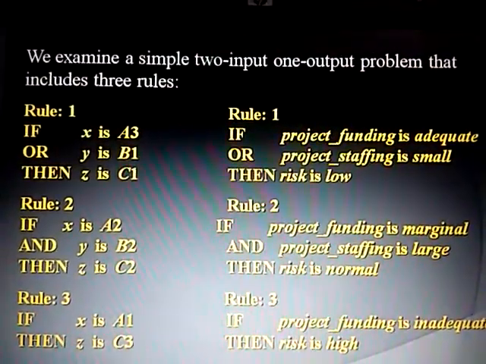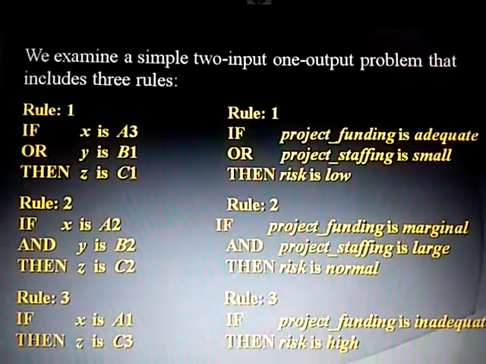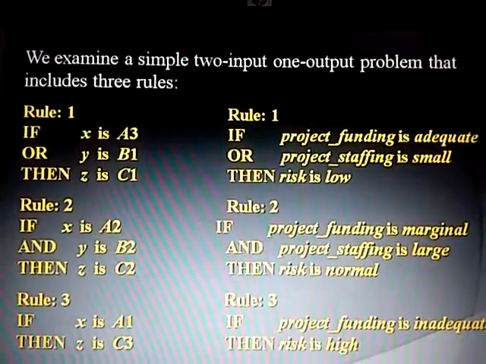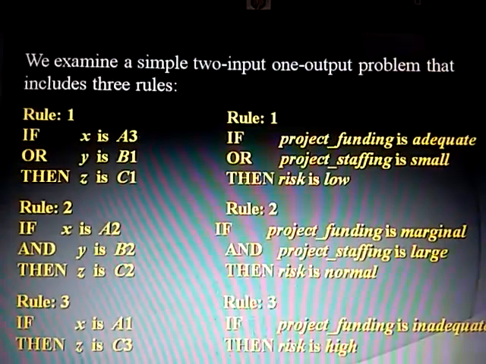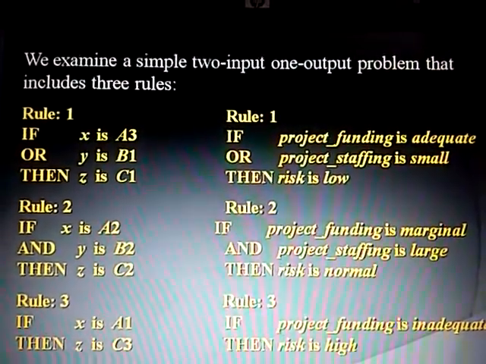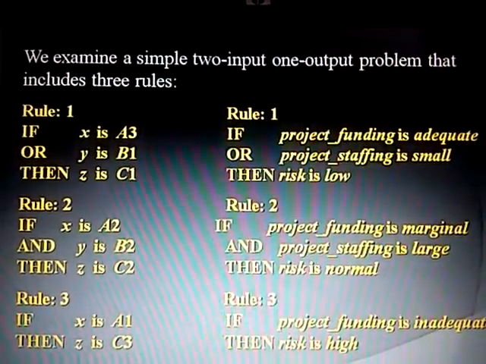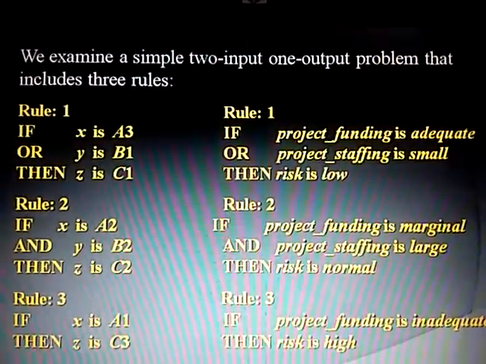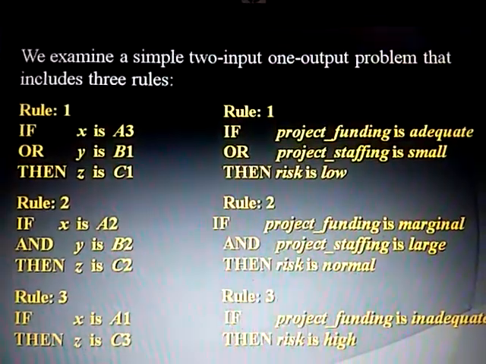Rule 1: if x is A3 or y is B1, then z is C1. That is, if the project funding is adequate or project staffing is small, then risk is low.